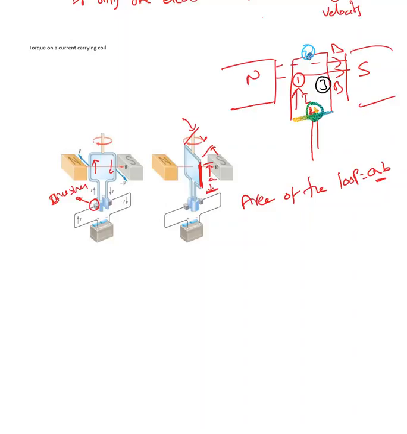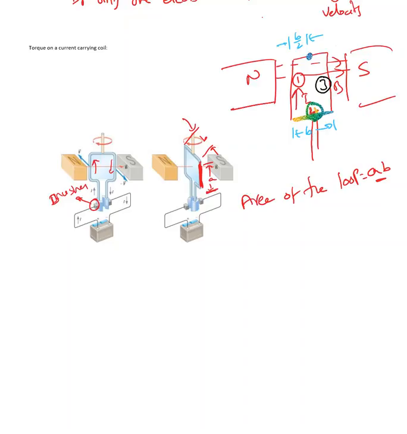So this distance is B by 2, because the total distance is B. And this distance is also B by 2.